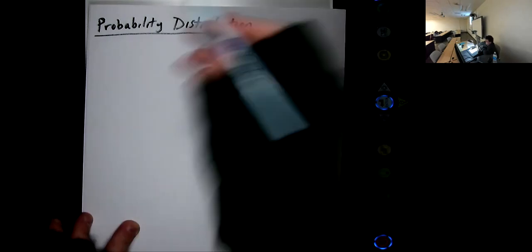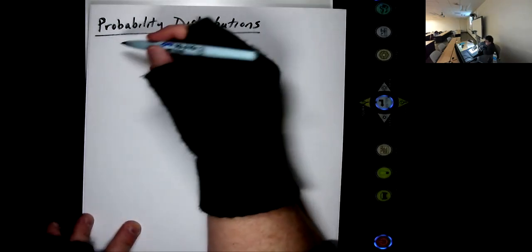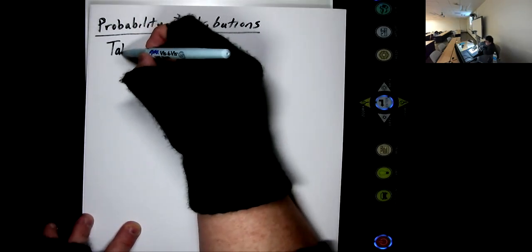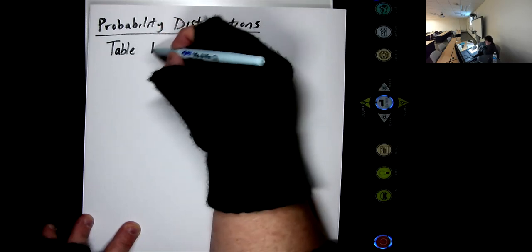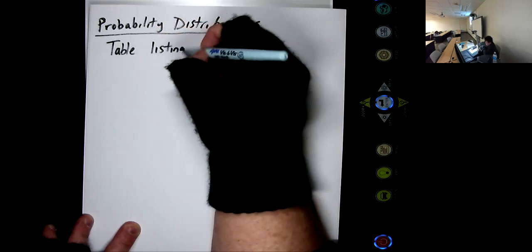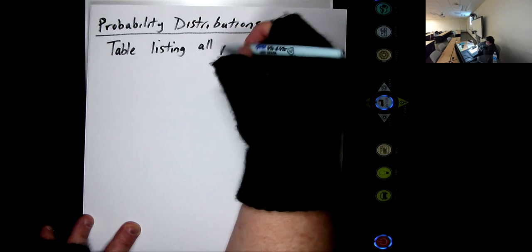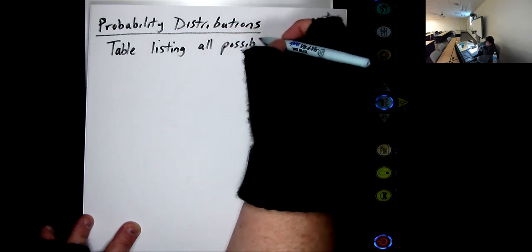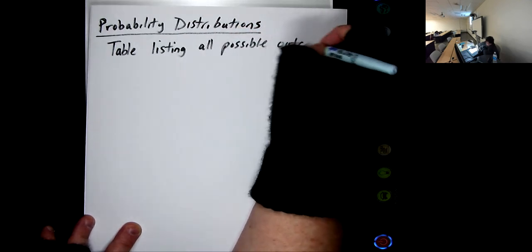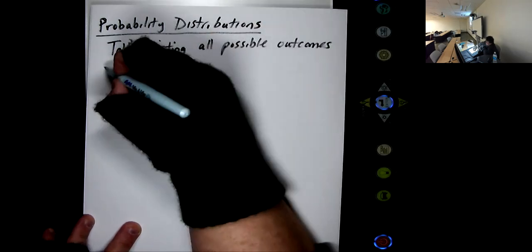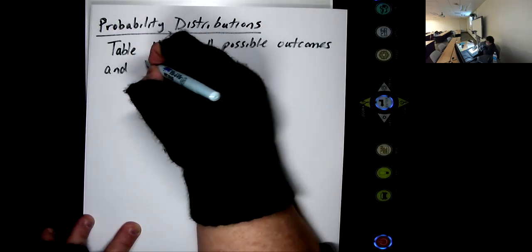So probability distributions, these are tables listing all possible outcomes and their probability.